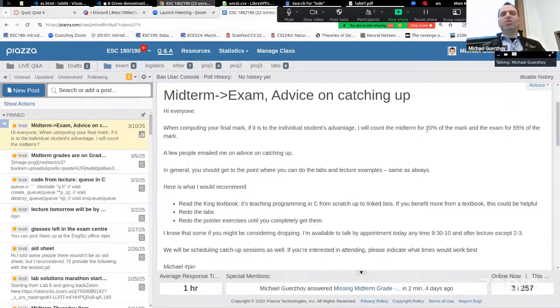Now, that's not worth very much if the exam is much harder. The exam is not going to be much harder, not in the sense that some of the questions are not going to be hard. If you're asking what kind of grade I should expect approximately on the exam, the answer is, if you study hard, you'll do better. On average, I expect that people will do about the same on the exam as on the midterm after whatever adjustment happens.